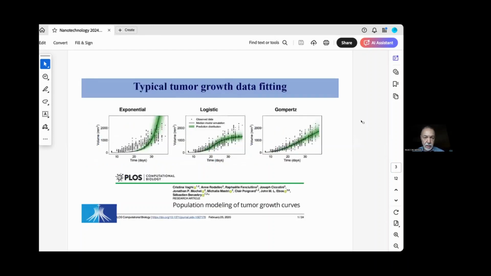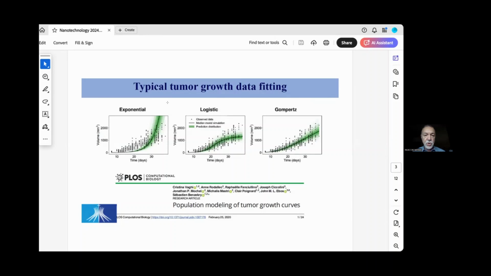The typical tumor growth models you can find in the literature are mainly of three types. The first one is the exponential one, the second one is called the logistic one, and the third one is the Gompertz one.